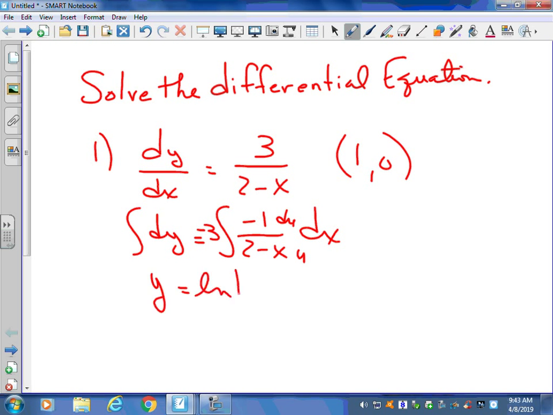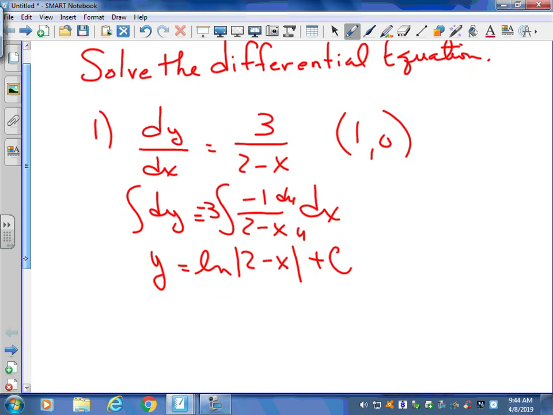This becomes ln, because when u is on the bottom and du's on the top, it becomes ln with absolute value bars on it. That's what we learned on Friday. Every time you make it right to where u's on the bottom and du's on the top, we always throw du away. Even when we do chain rule, we never use du after we got it, right? So we always throw du away and make it an ln of the bottom.